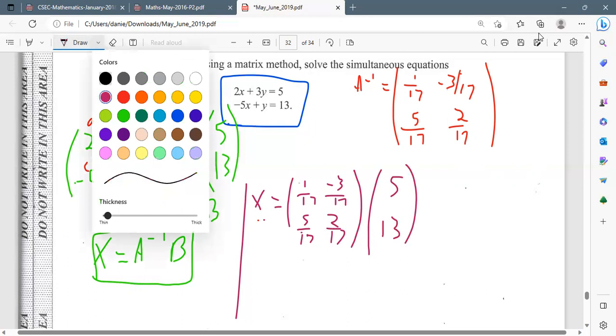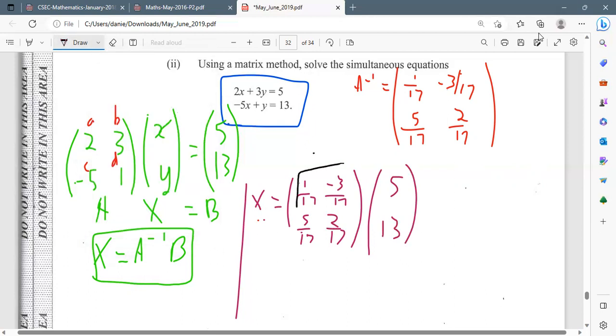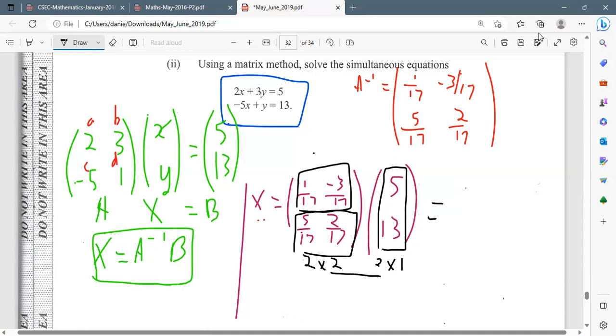So that's equivalent to rows by columns. So we have this row here, and we have this column. So there's a 2 by 2, and there's a 2 by 1. They're compatible, and it will give us a 2 by 1.